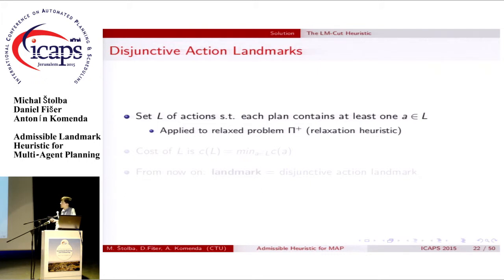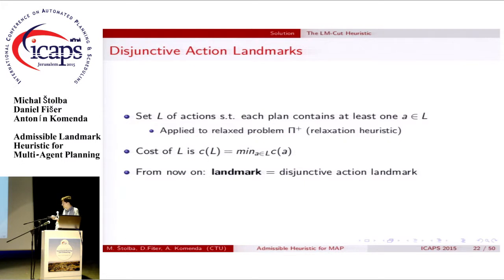It is a set of actions such that in each plan which solves the problem, some of the actions in this landmark have to be part of the plan. So here we apply it on a relaxed problem, so it's a relaxation heuristic. And the cost of the landmark is the minimal cost of the actions which are in the landmark. And from now, if I say landmark, I mean this kind of disjunctive action landmark.